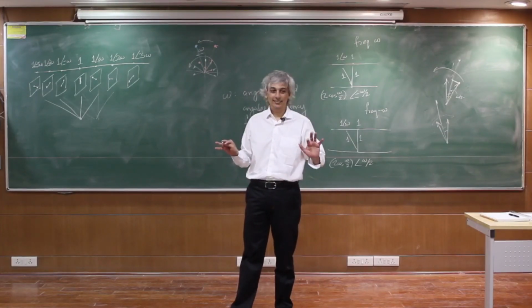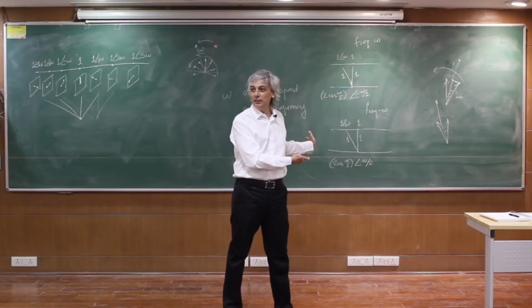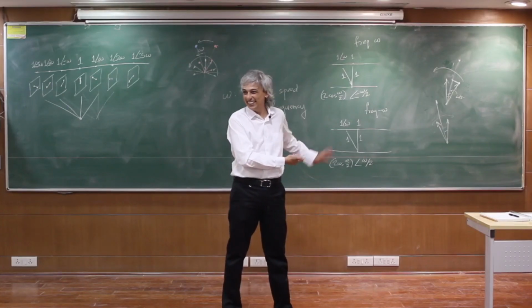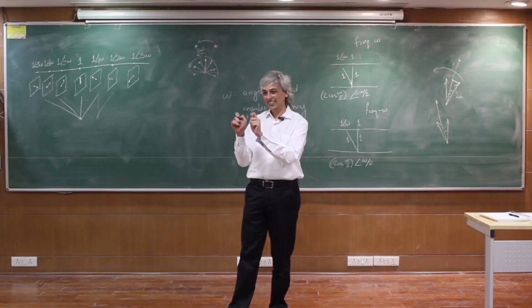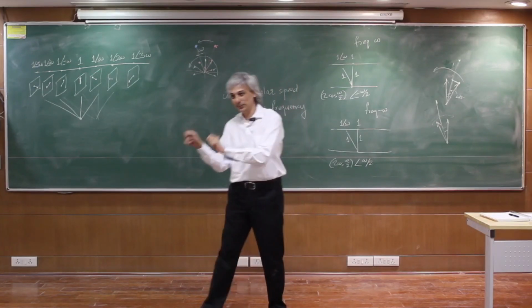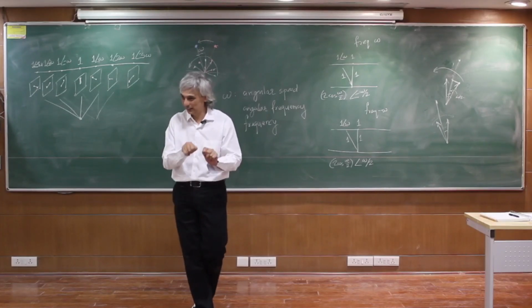Linear and time invariant is something I've been shouting about for 9 lectures now. So linear differential equations with constant coefficients is a physicist's way of saying linear shift invariant systems or linear time invariant systems.